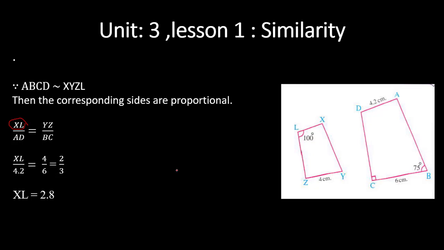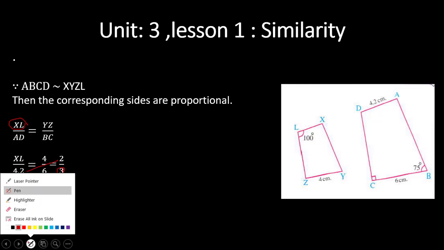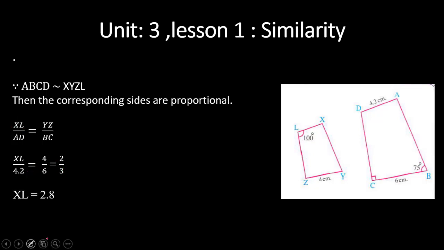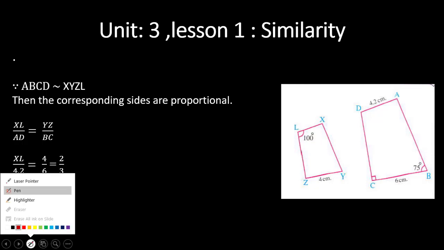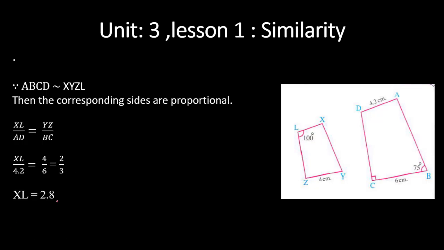Then I can get XL: 2 multiplied by 4.2 over 3. It will be 2.8. So XL will be 2.8 centimeters.